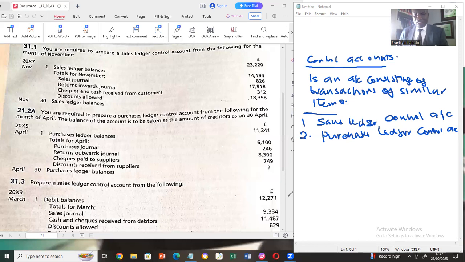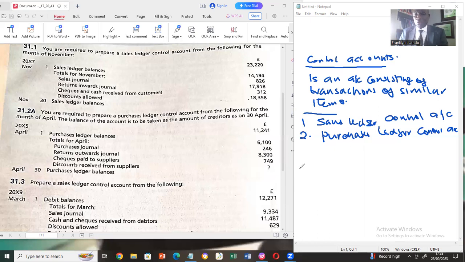Now, I want you to understand what are the benefits of control accounts. Why should you prepare control accounts? For example, the sales ledger control account is the total account for all the credit customers accounts. The purchases ledger control account is a total account for all the credit suppliers.